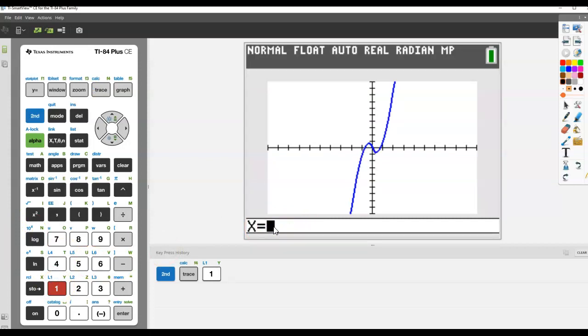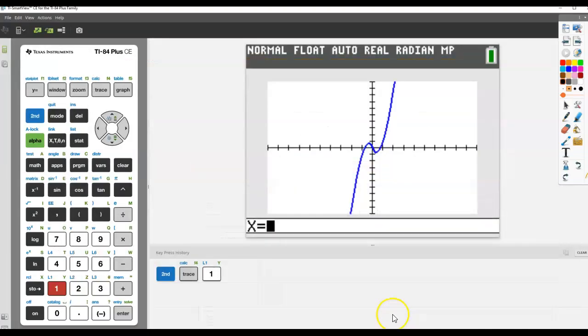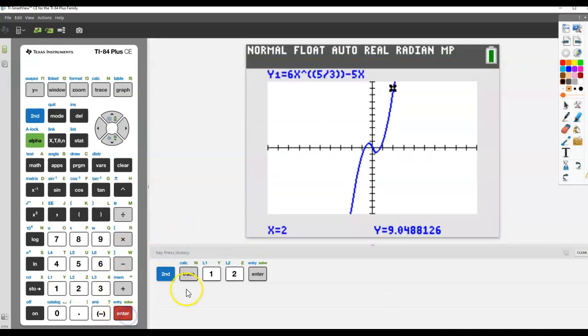That's the y value that we're looking for. So we're going to type in the x value that we want to work with. The x value I'm plugging in is 2. So we're going to type 2 and enter. It's going to tell you the y value that goes with it, and it puts a little cursor right there on your graph as well. Where that cursor is blinking, x equals 2, and apparently the y value is 9.048.